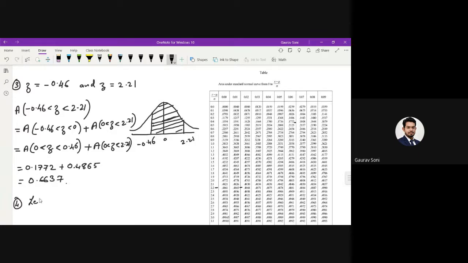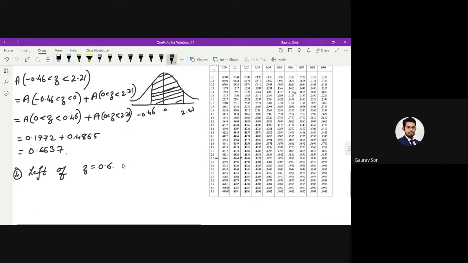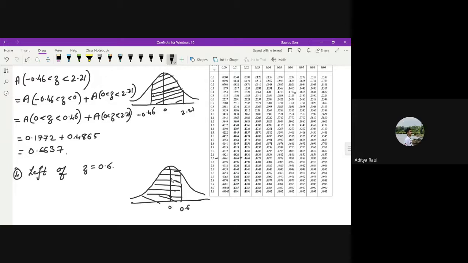Left of z is equal to 0.6. This is 0. 0.6. Left of 0.6 is this. This will be 0.5 plus area between 0 and 0.6.